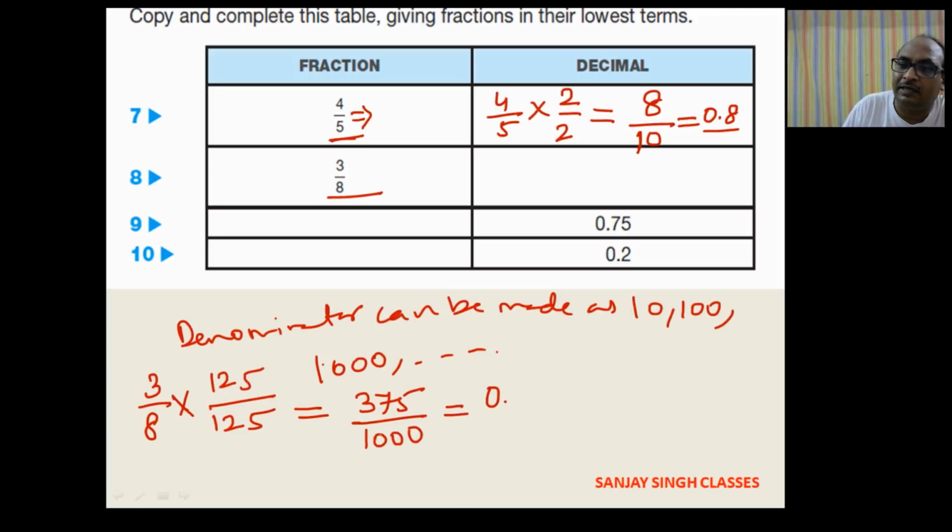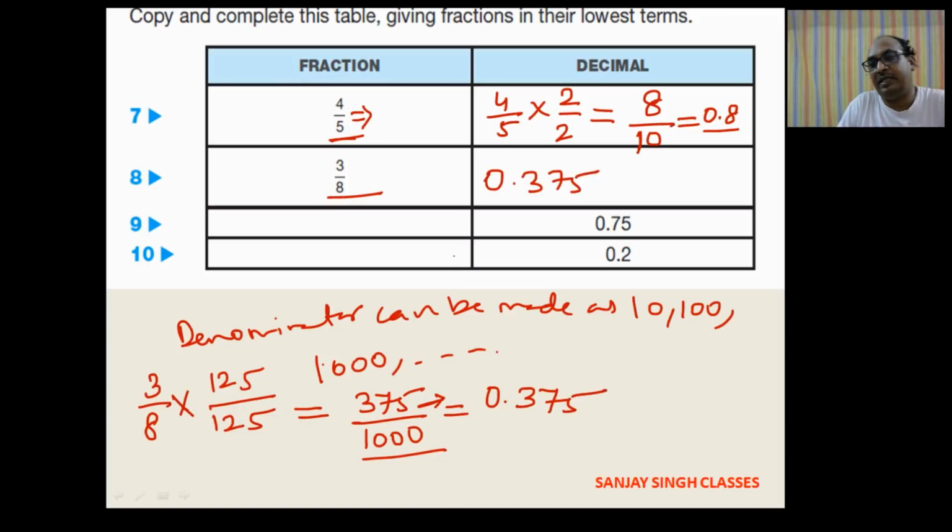Now again, if 1000 is there, it means 3 zeros are there, so we need to count from the right side: 5, 7, 3. We need to put the decimal after 3 digits. So it will become 0.375. So here we can write 0.375.